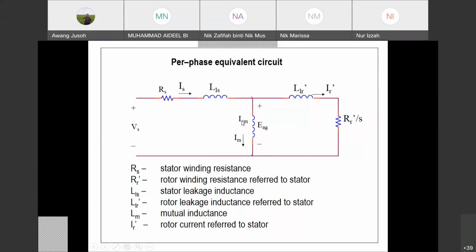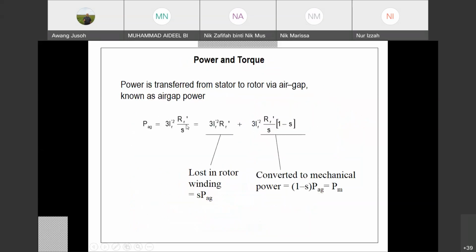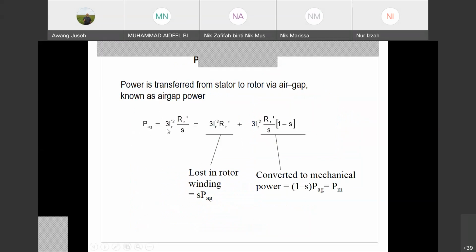So if you see this one, what is the resistance there? This one, right? That means air gap power equals I squared R multiplied by this R2 over S. Then you get the air gap power, PAG, the power that we need to transfer from the stator to the rotor through the air gap. Why multiply by 3? Because this is a 3-phase machine, so 3 represents the total power consumed by the motor.